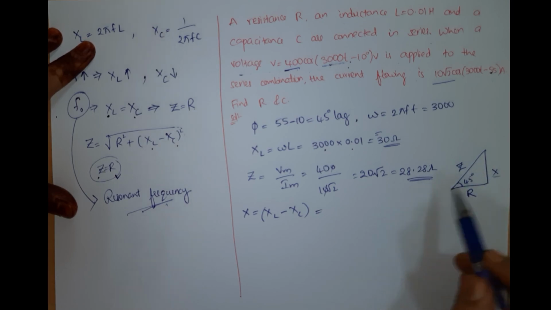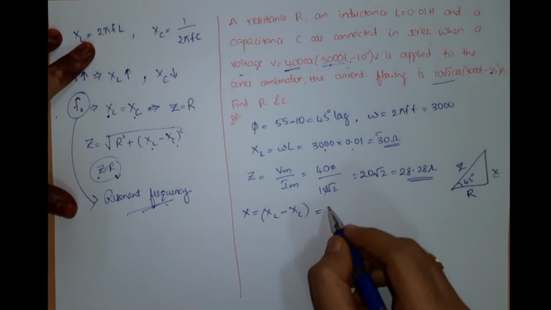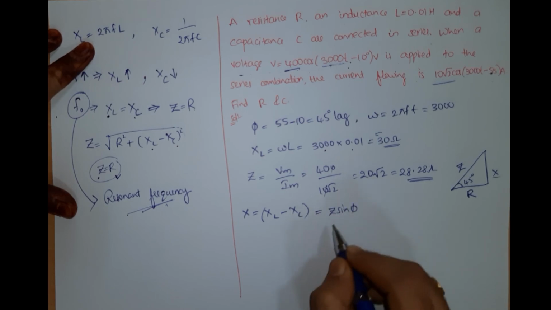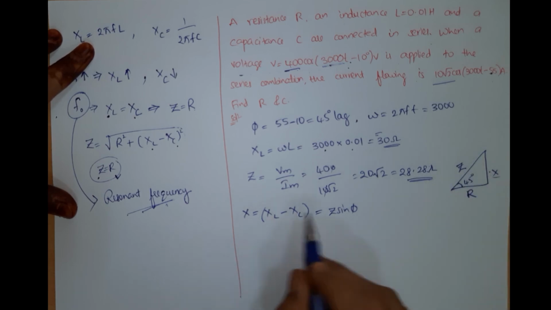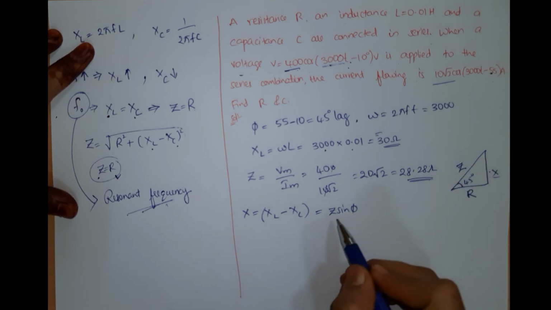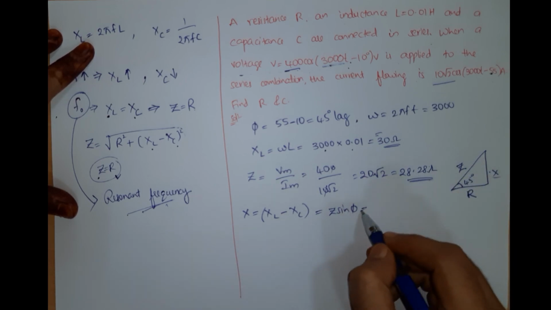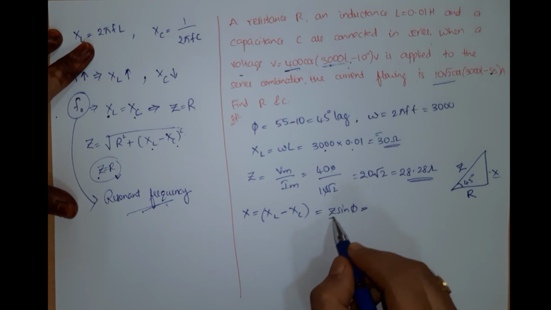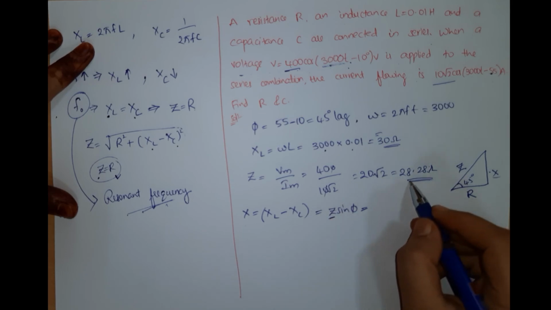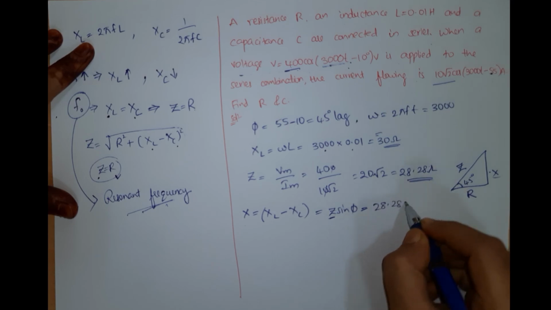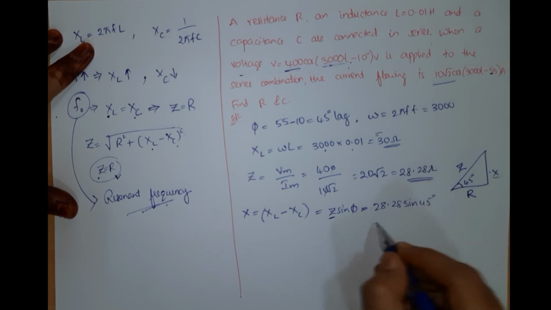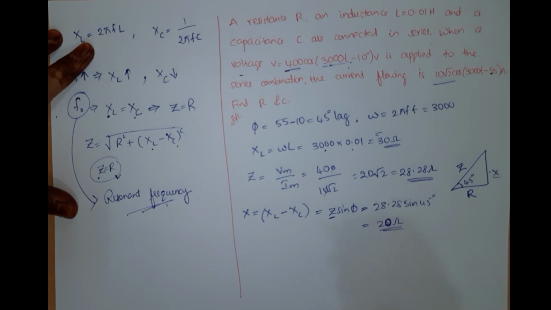We can find it out as follows. Can I write X as Z sin phi? See, it is the opposite side, X, by the hypotenuse, Z. So from the impedance triangle, I can write X as Z sin phi, where Z is 28.28. 28.28 into sine 45 degrees, you will be getting 20 ohms.